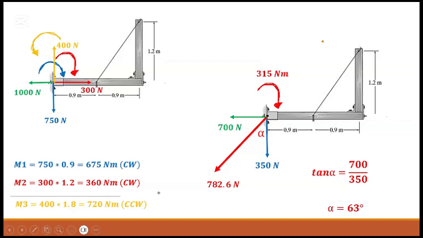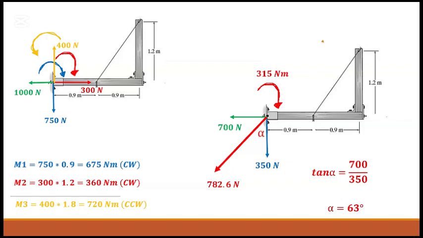Let me just do it, calculator on. Two are clockwise, the other one is counterclockwise. Oh yeah, no, sorry. Is this right? 315? Yeah, I just did the wrong one. The first one, 750 by 0.9, was wrong somehow.